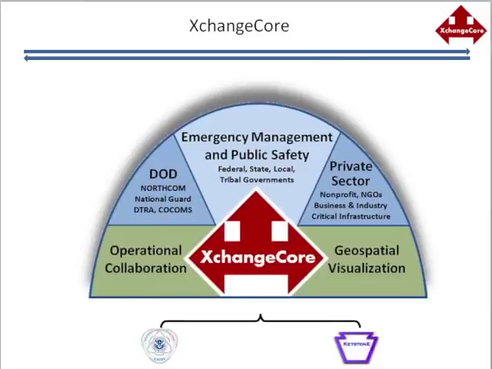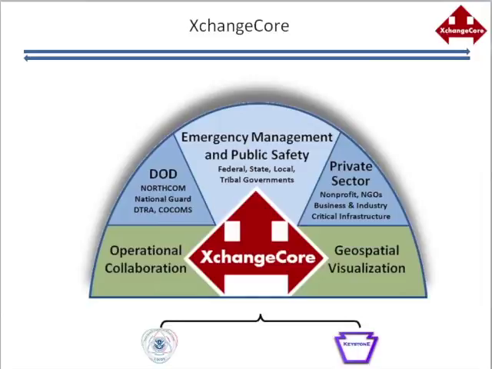On the next slide, the depiction of it. And you're going to see this many times in the future. XchangeCore centrally focusing on operational collaboration and geospatial visualization. That's the key elements of what happens when I orchestrate data through XchangeCore. And its provision out to now interacting units in Department of Defense, Emergency Management, Public Safety Community, and the private sector.